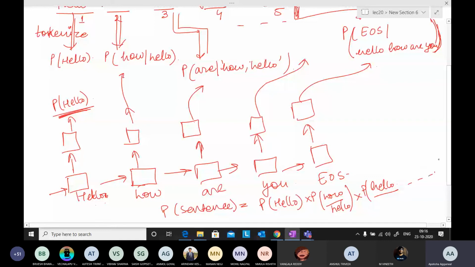So I hope you get it: you have to multiply all these five probabilities and you will get the final probability of the whole sentence, the occurrence of the whole sentence. This is called language modeling.